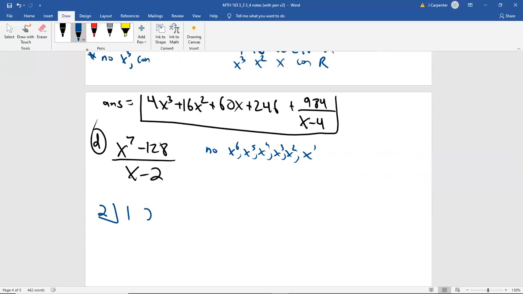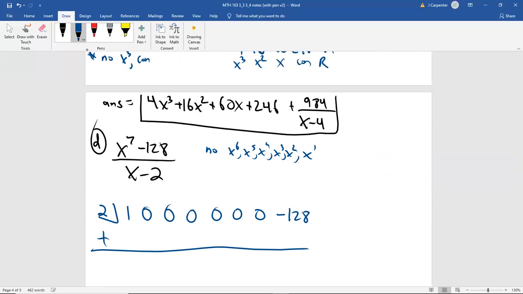Then the x to the 6th is 0, x to the 5th, 0, x to the 4th, x to the 3rd, x to the 2nd, x, then the minus 128. Space, plus sign. Problem's a lot longer than we might have thought it was.